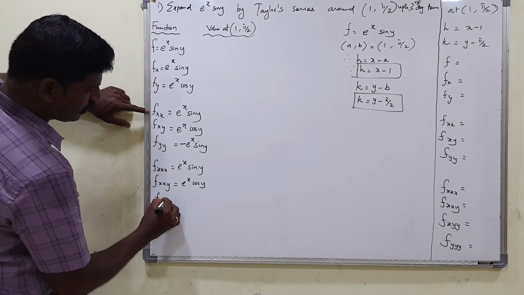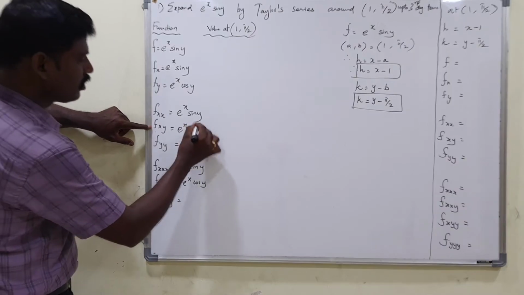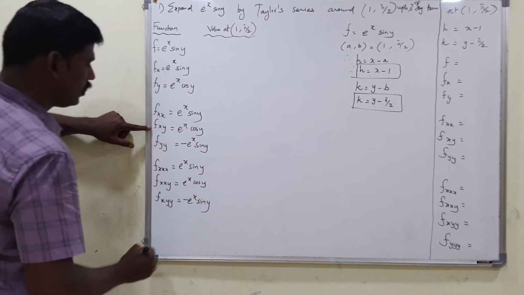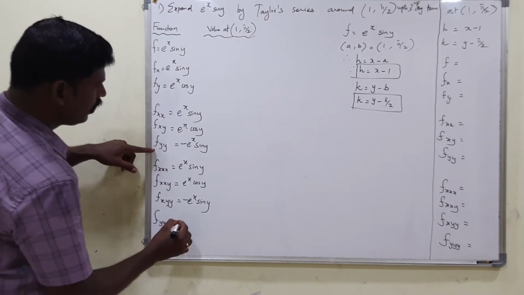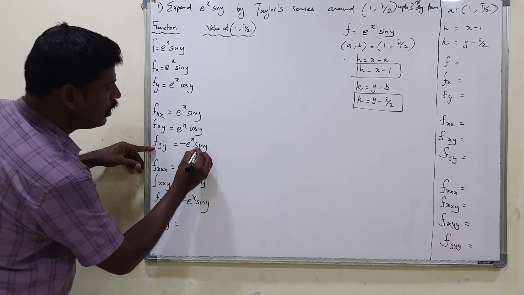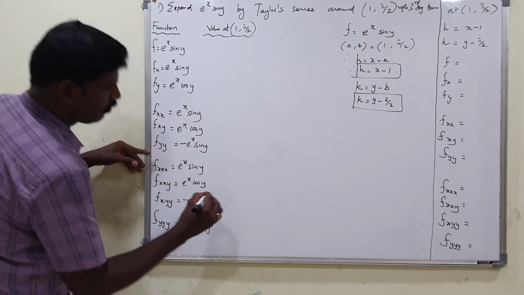And then f x double y. That means fxy with respect to y, cos y becomes minus sin y, minus e^x sin y, isn't it? And then f triple y. What is f triple y? Taking the partial derivative of f double y with respect to y once again, sin y becomes cos y, so minus e^x cos y.